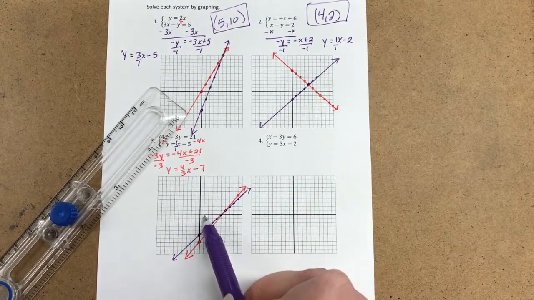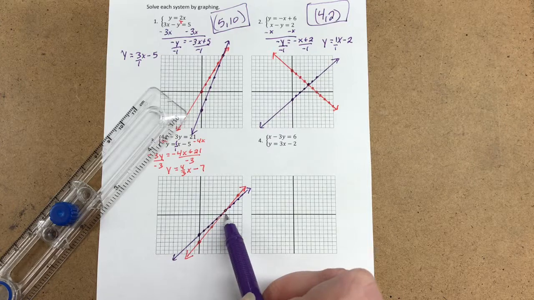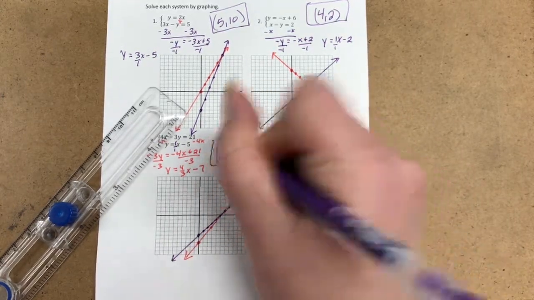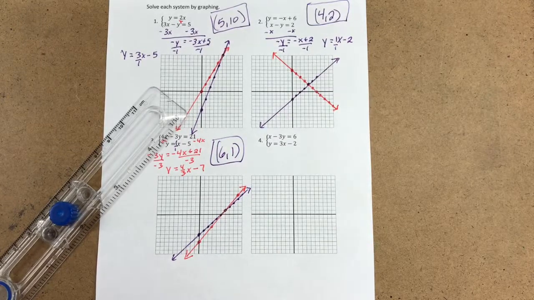It looks like the point that they share is (0, -5)... the point (6, 1). So that would be my answer.